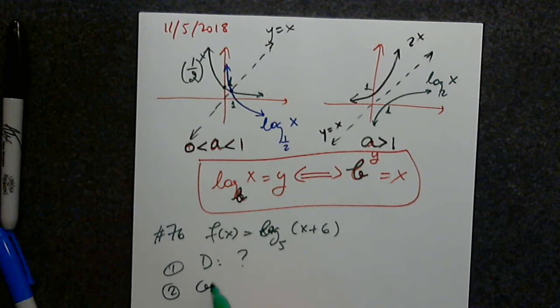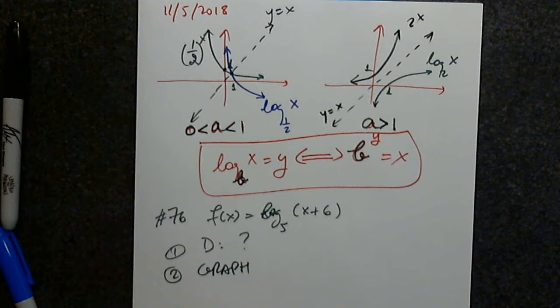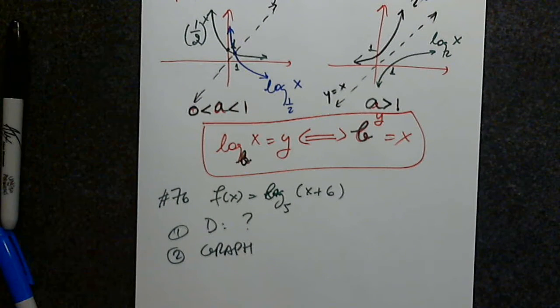So then we are asked to graph. Okay. So what do I have to write in order to determine the domain of this function? Remember, when we find a domain, we don't destroy anything. We just have to write something and solve. So what do I write? How do I solve this?